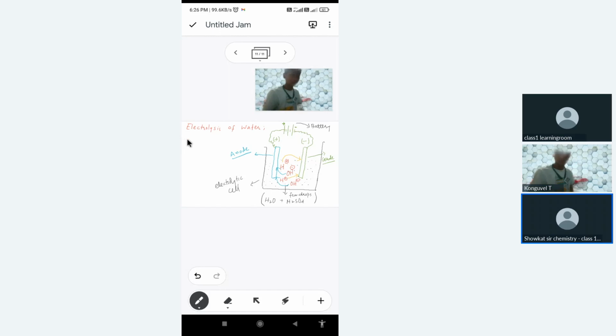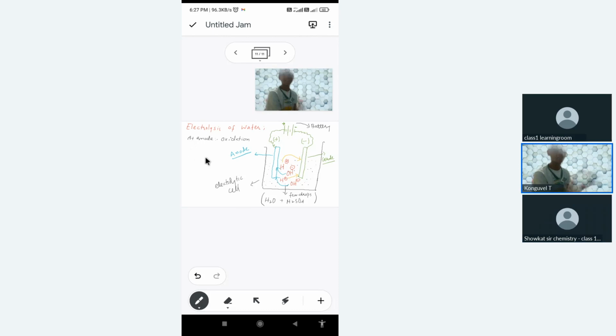Got it? Yes, sir. So now let's write the reactions, what actually happens at anode and at cathode. At anode, you will remember that oxidation occurs, right? We will study what is actually oxidation. Oxidation is addition of oxygen or removal of hydrogen. Exactly, that is one of the definitions.